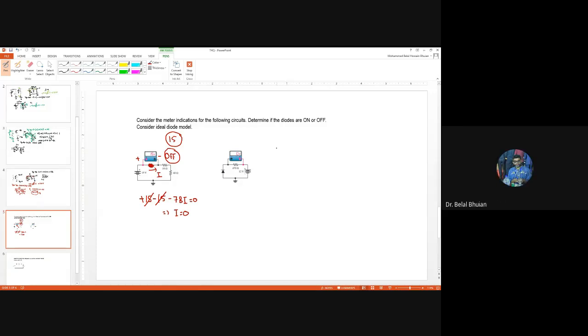How do we determine the voltage drop across the resistor? IR, Ohm's law, yes sir. IR is equal to what? So zero. So current is zero. If the current is zero, which element is open? There must be something open. The diode is open.